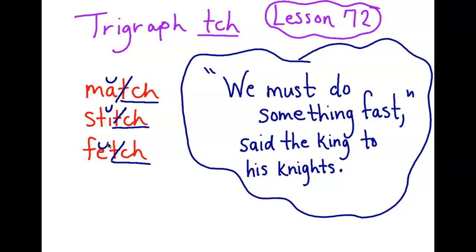All right, so here's what we're going to do next. If you'll notice, in the bubble, I have written a sentence, okay? Let's read this together. We must do something fast, said the king to his knights. Okay, I have a question for you. What is this right here? You'll notice I've kind of pointed to 2 different things.